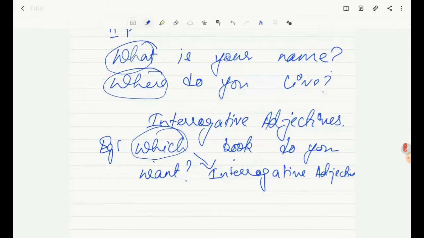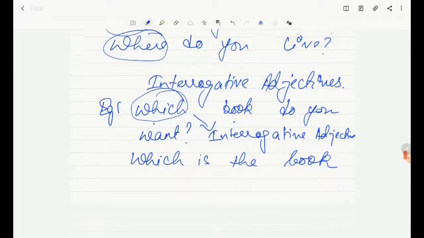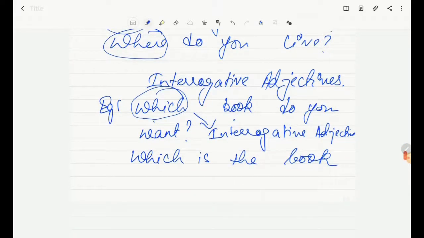If you want to convert the same sentence into an interrogative pronoun, how will you convert the sentence? Which is your book? Which is the book which you wanted? So you can see what the major differences are here.